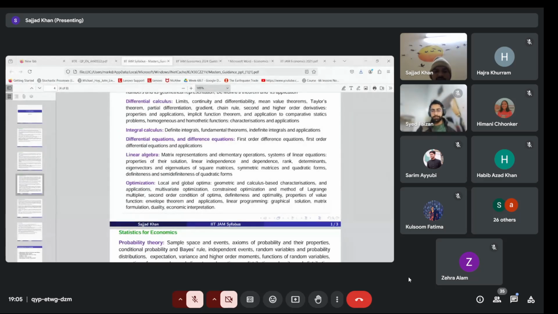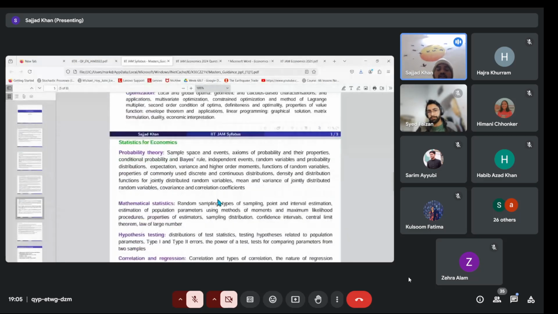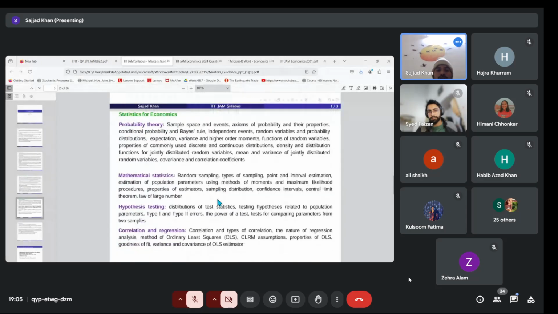Now we should go for statistics and economics. I think the guys who have taken statistics as their minor will tackle it very easily.